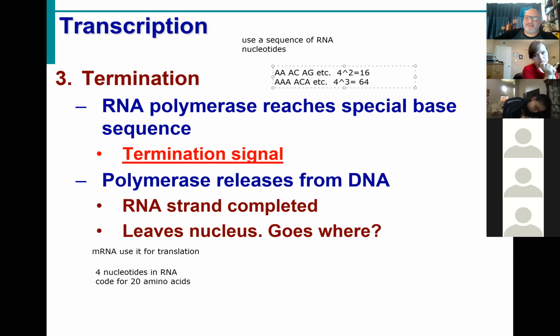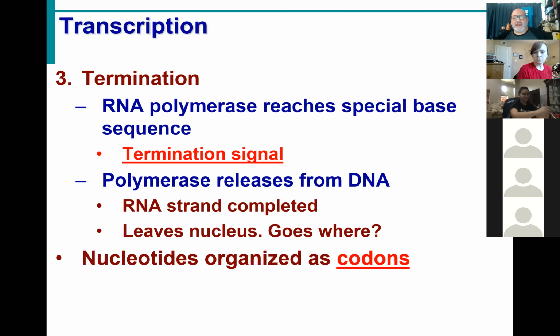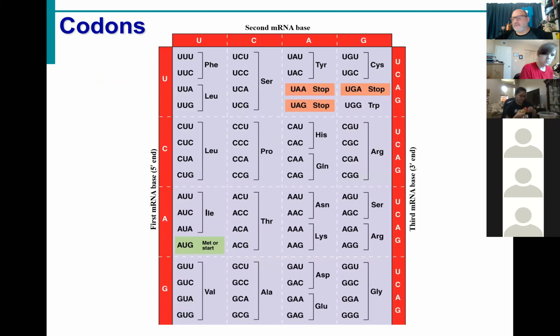In fact, that means that multiple sequences of 3 nucleotides can code for the exact same amino acid. And the sequence of 3 nucleotides on our messenger RNA, we call a codon. Here, we have a pretty chart for our codons. Your book has this, your lab manual has this.